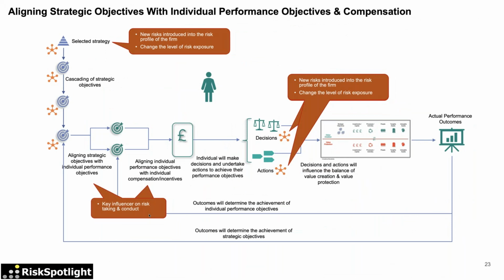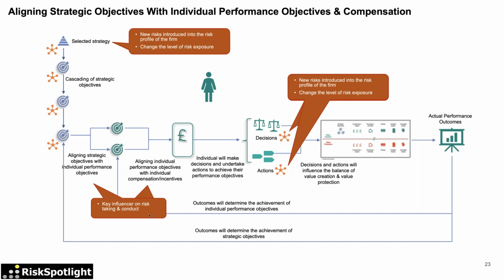Because I was talking about the risk, this gives a better overview, where depending on your strategy is where new risk may be introduced into your risk profile, or it may change the exposure. And if your personal objectives are aligned to your short-term business objective, then that may influence the risk-taking and the conduct behavior, in how you're aligning your company objective, the personal objectives and the compensation.